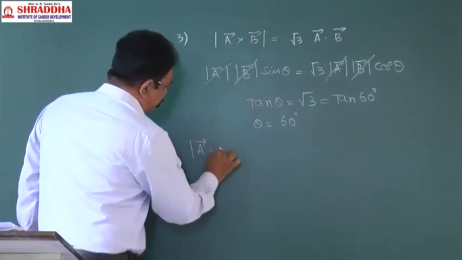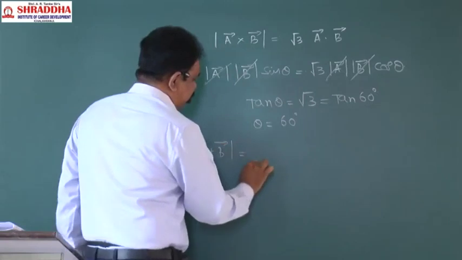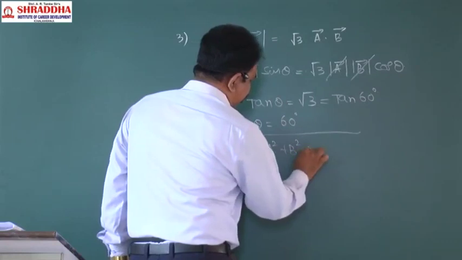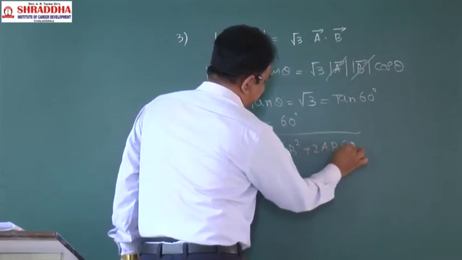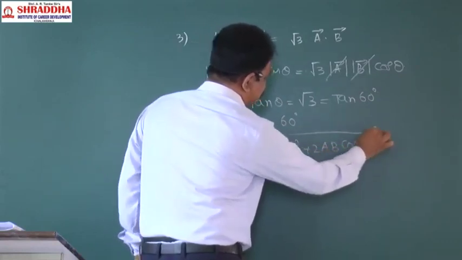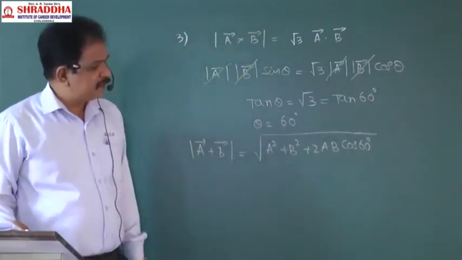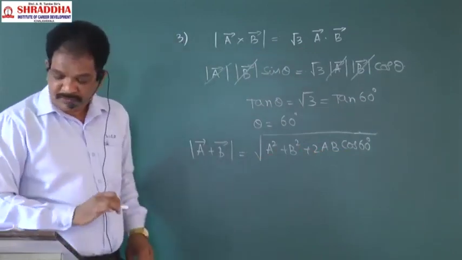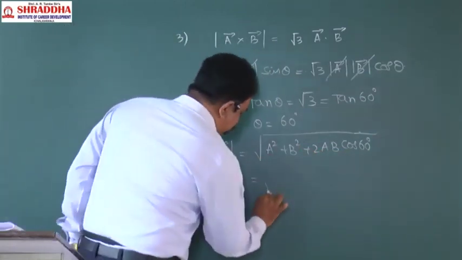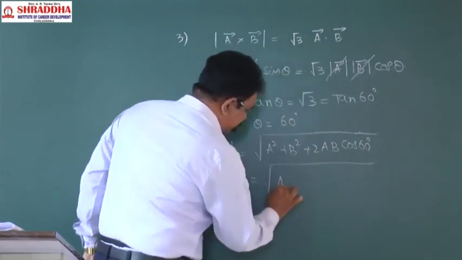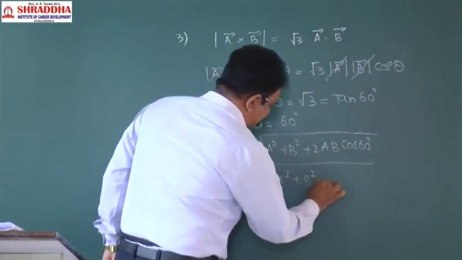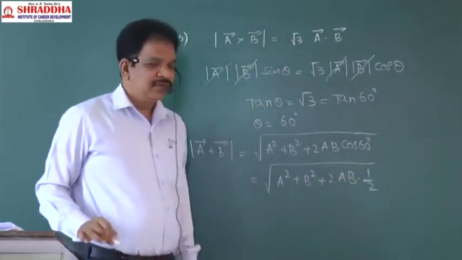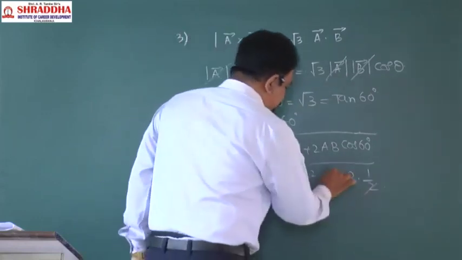Modulus of A bar plus B bar is equal to square root of A square plus B square plus 2AB cos 60. Cos 60 value will be 1 by 2. 2 will cancel. So this value is square root of A square plus B square plus 2AB into 1 by 2. 2 will cancel now.